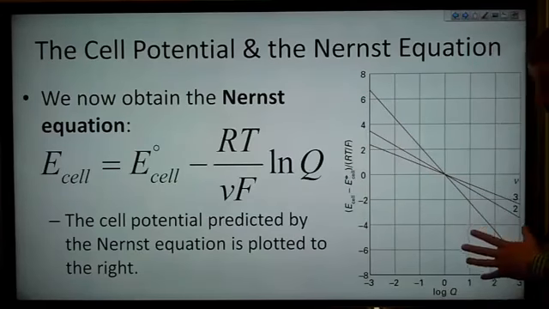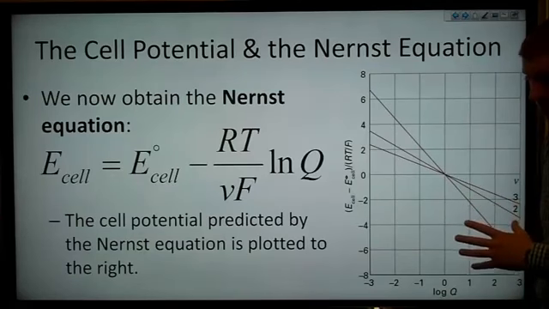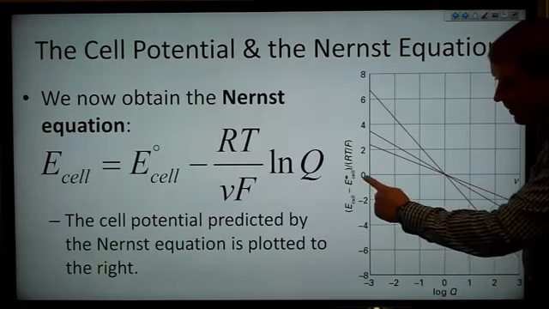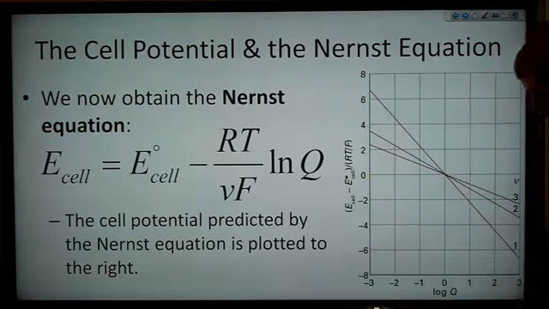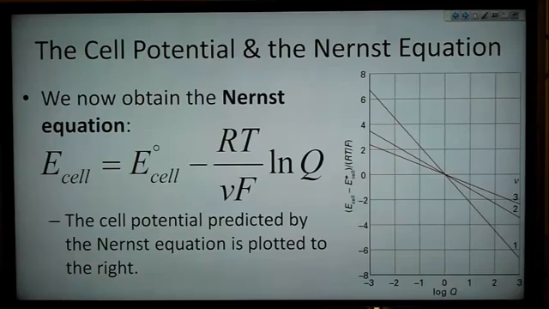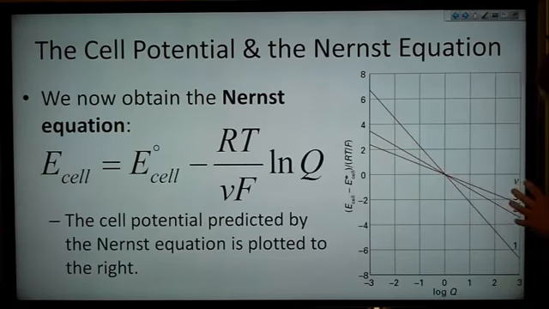In this case, our cell potential, as predicted by the Nernst equation, is plotted over here. Here we have E_cell minus E°_cell, and down here we have log Q. Here we have different values for our stoichiometric coefficient ν.